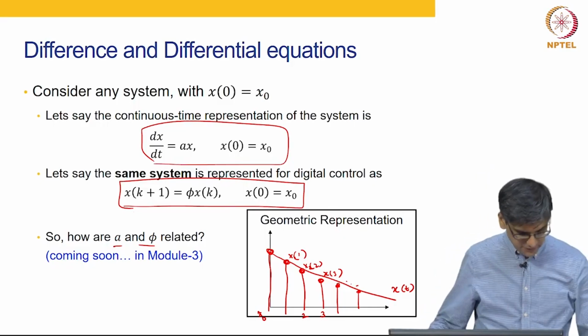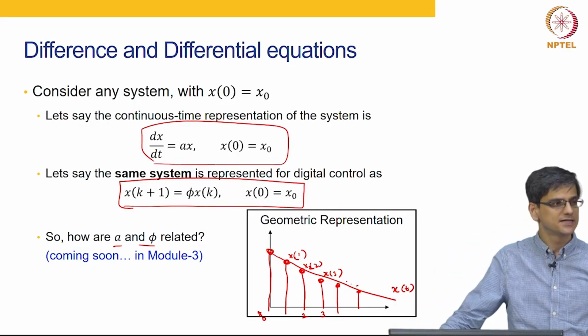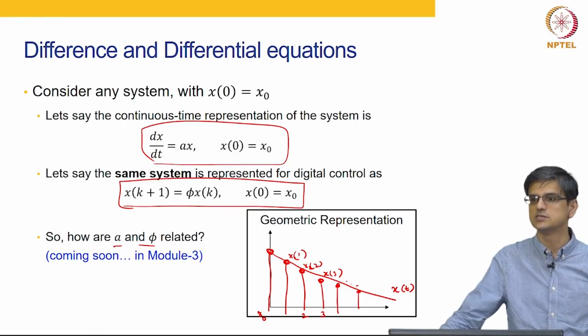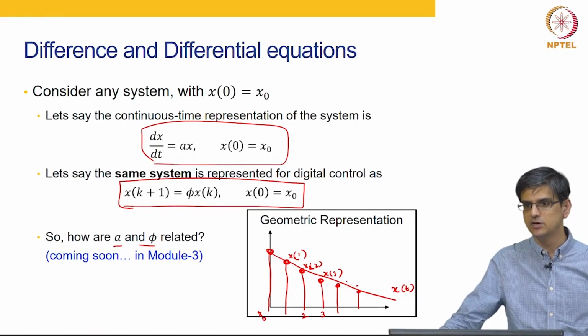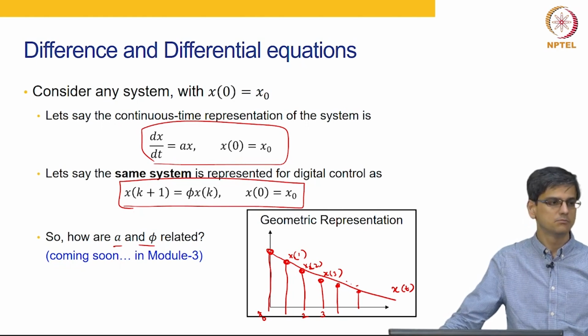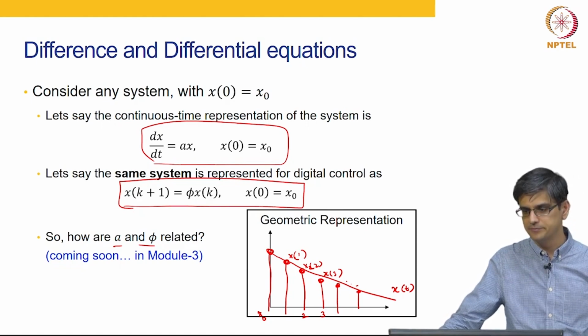For equations in a single variable, we said that stability is given by A less than 0 or phi between -1 to +1. Okay.